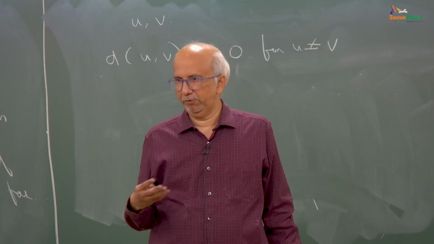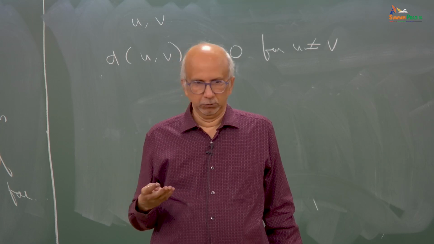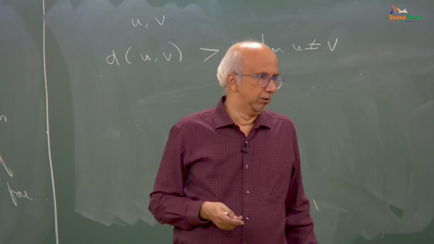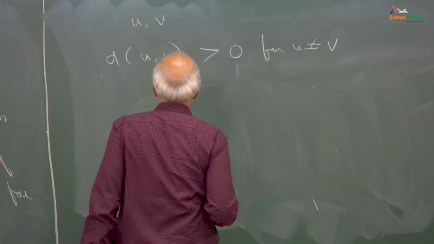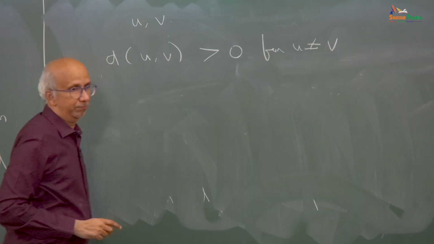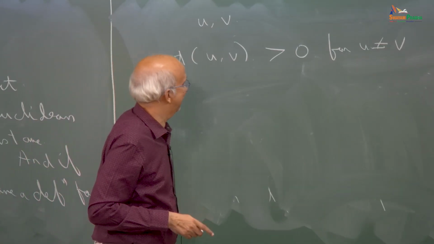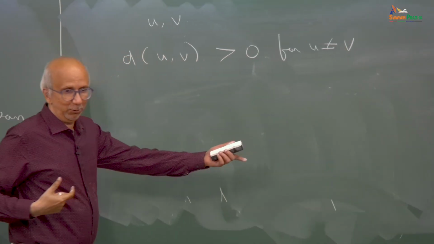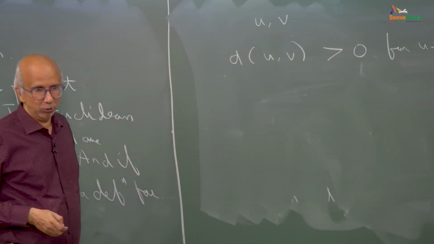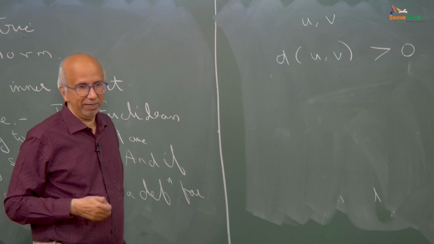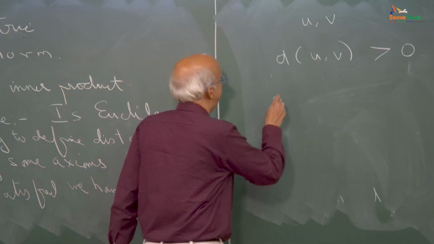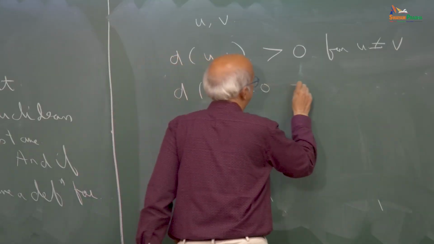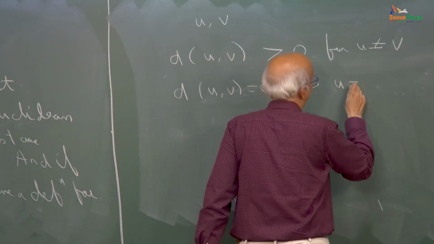We are not looking at the vector, we are looking at distance. So, it's 1000 kilometers that way, it's 1000 kilometers the other way also, okay. We will come to that later. If u and v are different, you are going to have a positive value always, not a negative value. If d of u comma v equals 0, this implies u equals v.